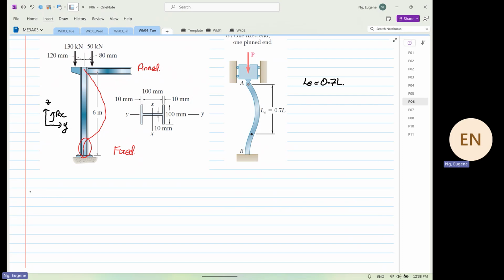This is where the analysis will come in. Which second moment of area to take? Is it IXX or IYY? Okay, so which one will you take? Anyone? Yes. Why?